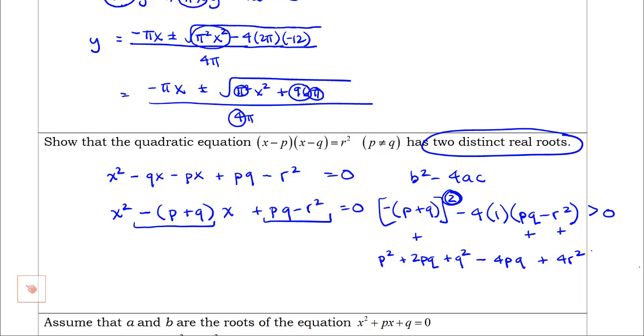And then do you see p squared minus 2pq plus q squared plus 4r squared? And then do you see p minus q squared plus 4r squared? This guy's squared, this guy's squared, and this guy's positive. I'm thinking everybody's positive. What do you think?